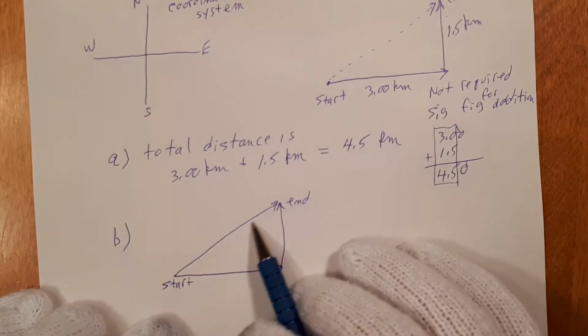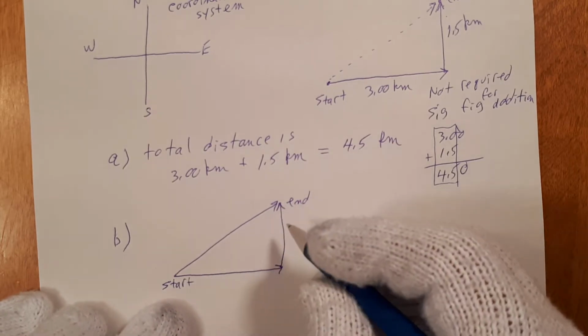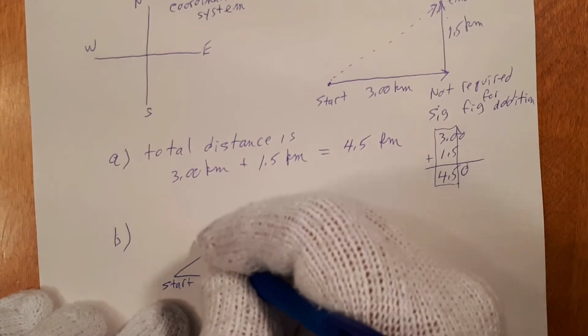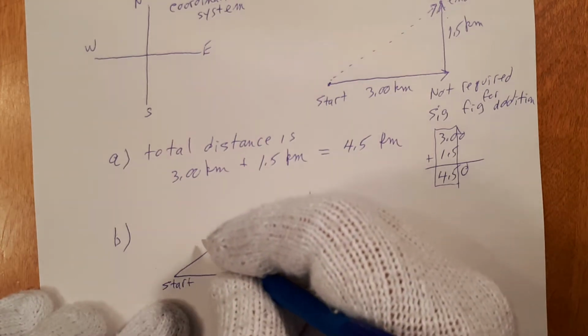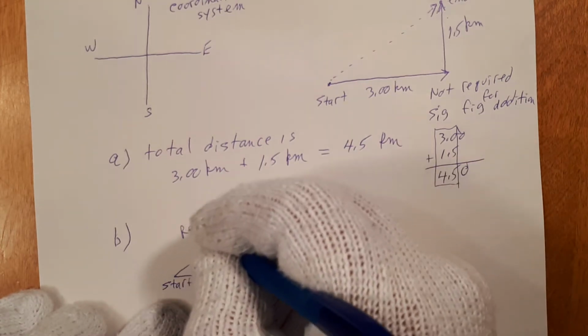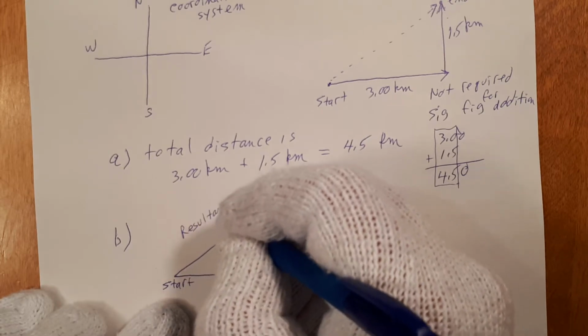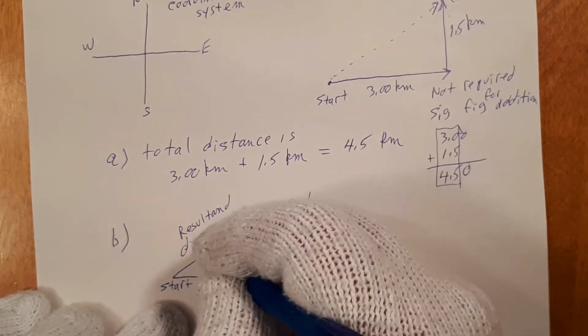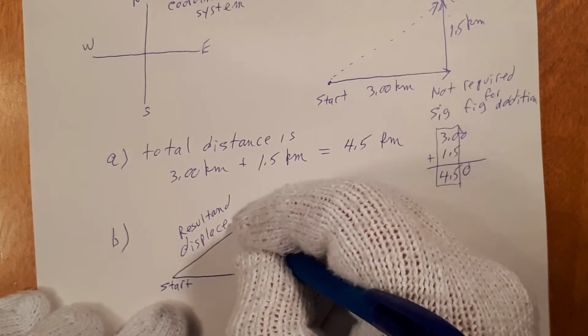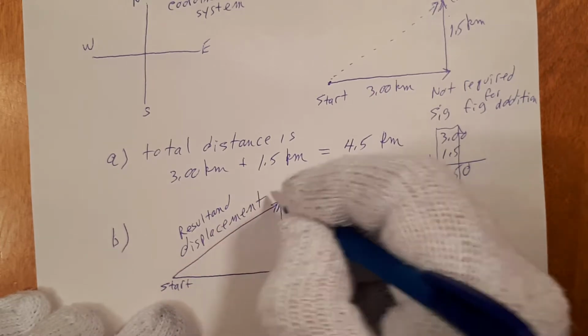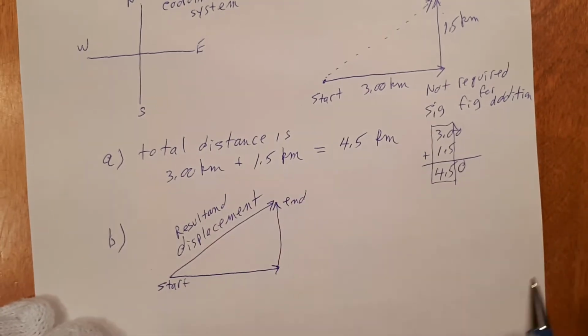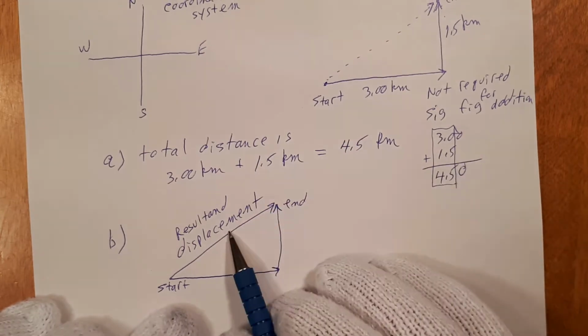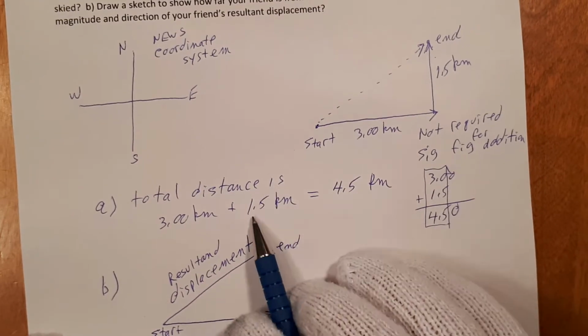This vector here has a name. It is known as the resultant vector. Resultant displacement. The difference between distance and displacement is shown right here.